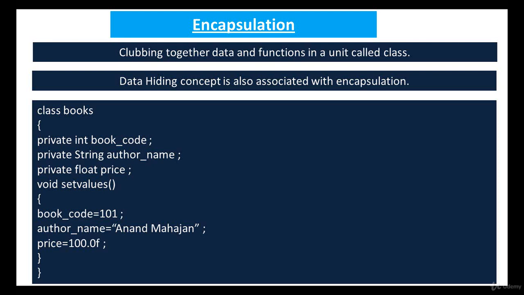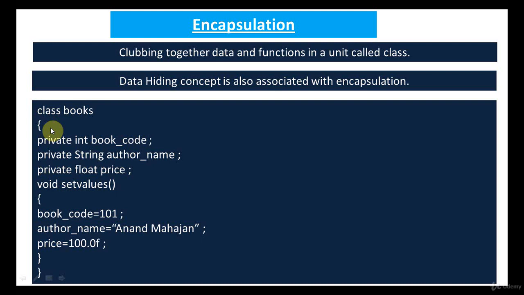Now, I would explain this with the help of an example. This is a very simple Java code. Don't worry, we have not yet started writing Java code, but it's a very simple code. I just want to explain the concept of data hiding as well as encapsulation. Both are clubbed together in the same way.